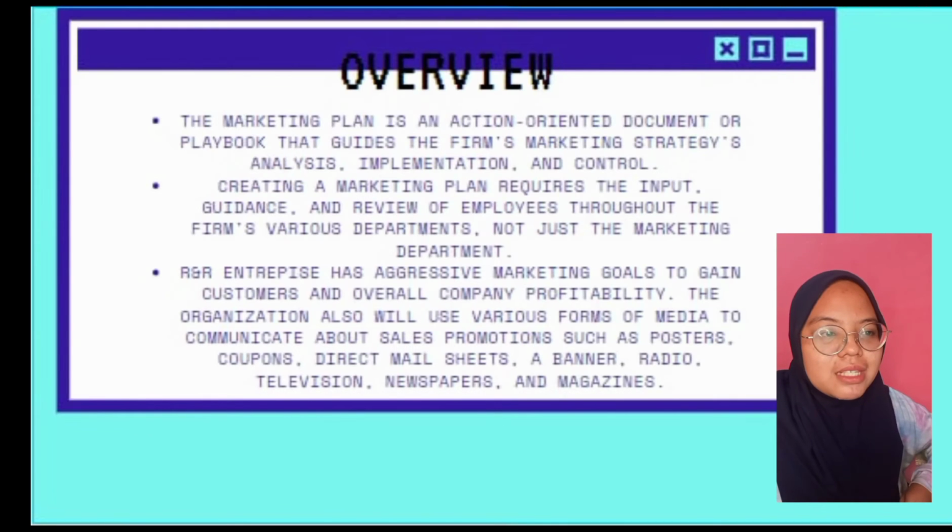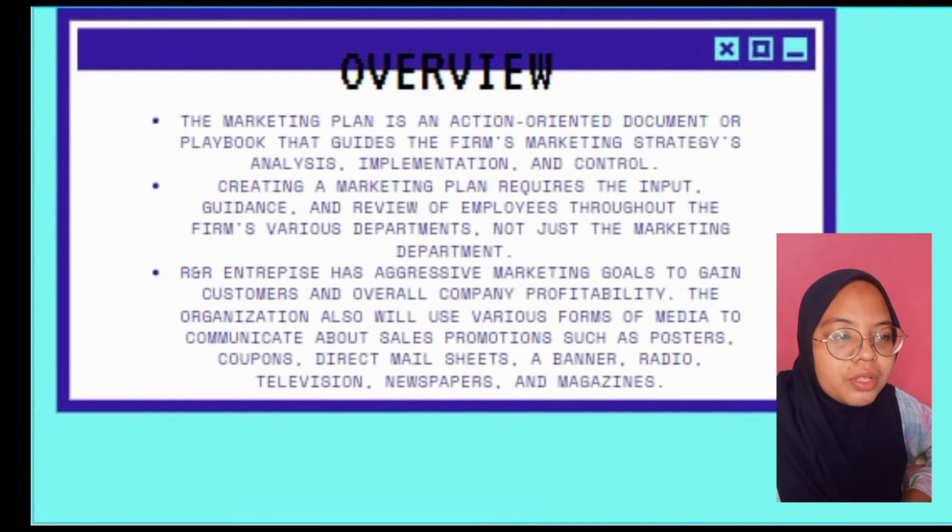The marketing plan is an action-oriented document or playbook that gives the firm's marketing strategy, analysis, implementation, and controls. Creating a marketing plan requires the input, guidance, and review of employees throughout the firm's various departments, not just the marketing department.